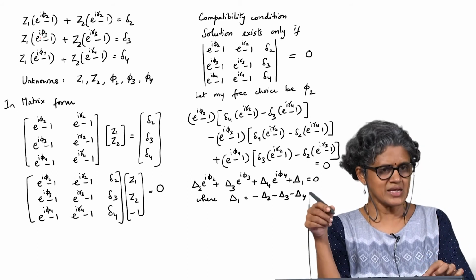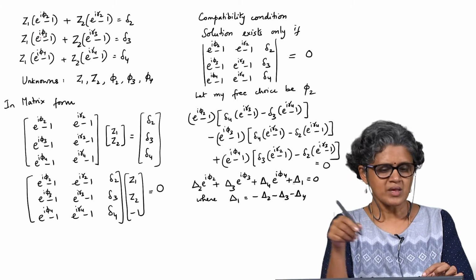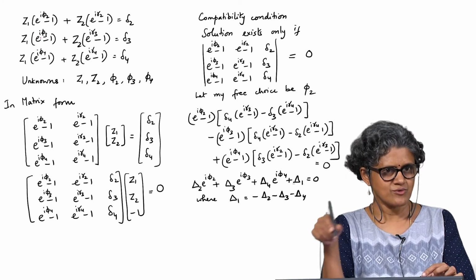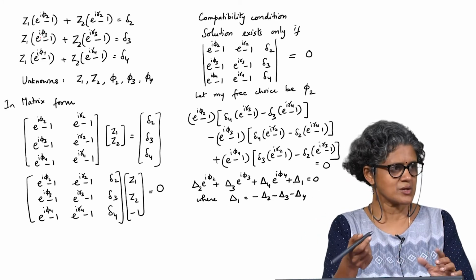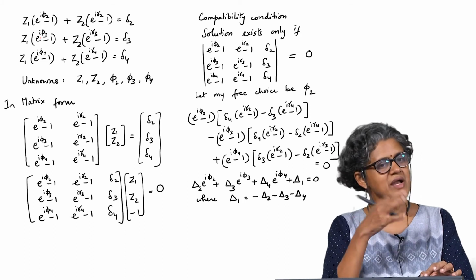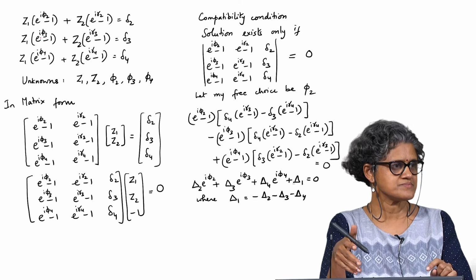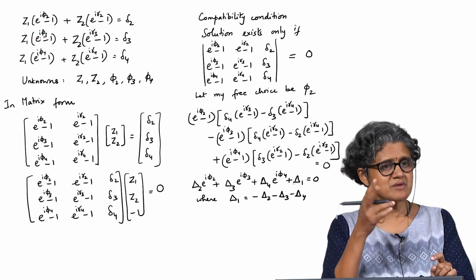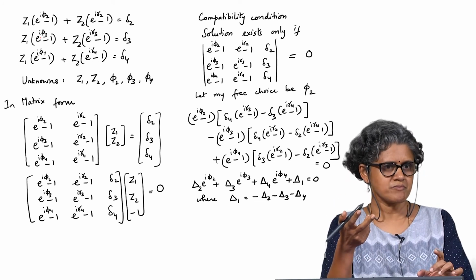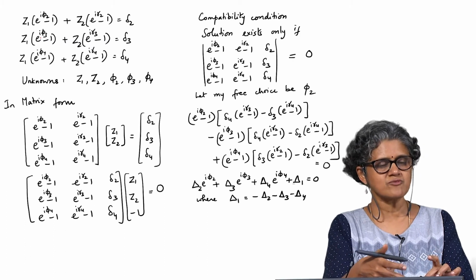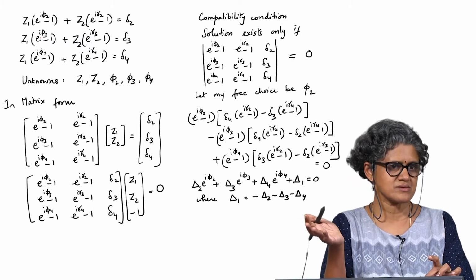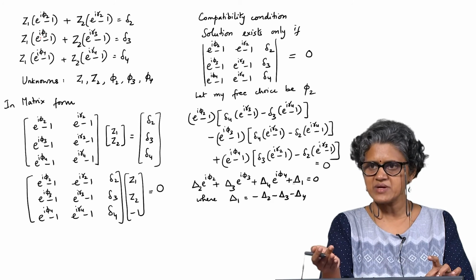So, I can take any 2 of these equations, plug in the phi 2, phi 3, or depending on which equations I choose, and find the Z1 and Z2. Then it becomes just a linear system. See, earlier for the 2 position problem, we were able to pick phi 2 and phi 3 as free choices and solve for Z1 and Z2.